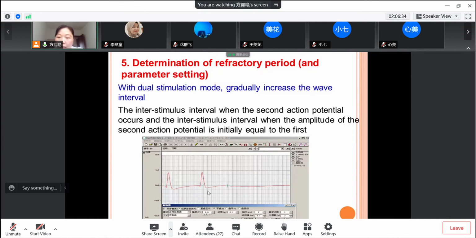Can you understand? The interval between the two stimulations is very long, longer than the refractory period, so an action potential is produced for both. Can you understand?